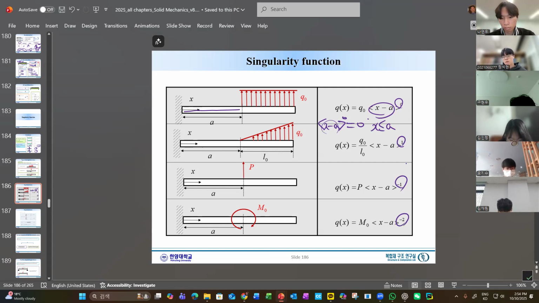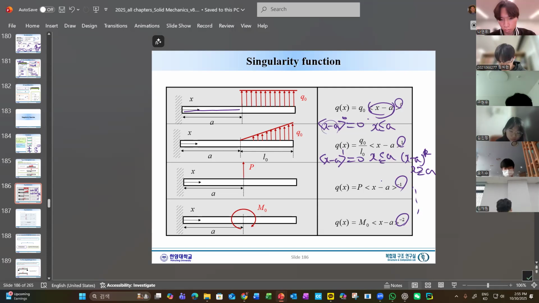Then if x is greater than a, this will be simply the regular parenthesis. It's simple like that. And this one, same thing, x minus a to the 1 equals 0 for x less than a. But if x is greater than a, then this will be just x minus a squared. I'm sorry, this is 1. Okay, same like that.